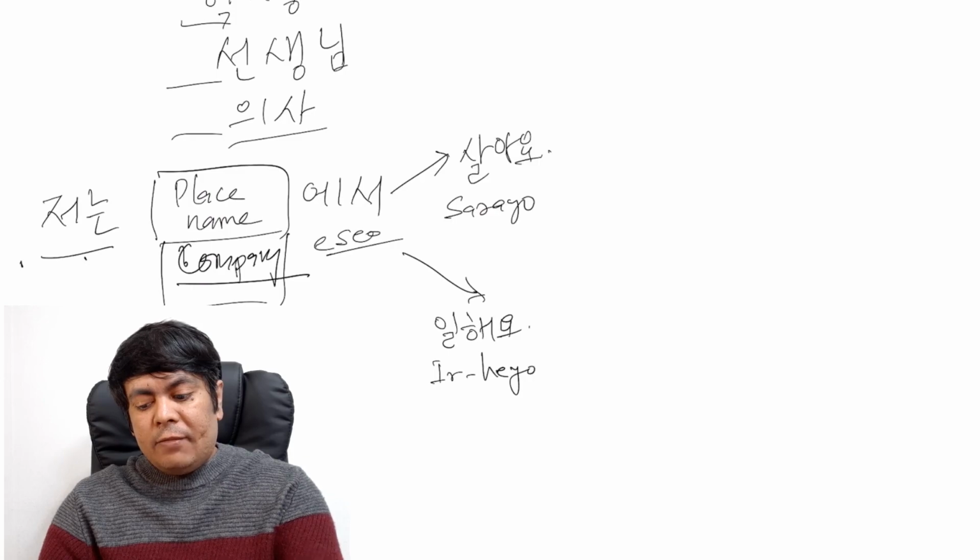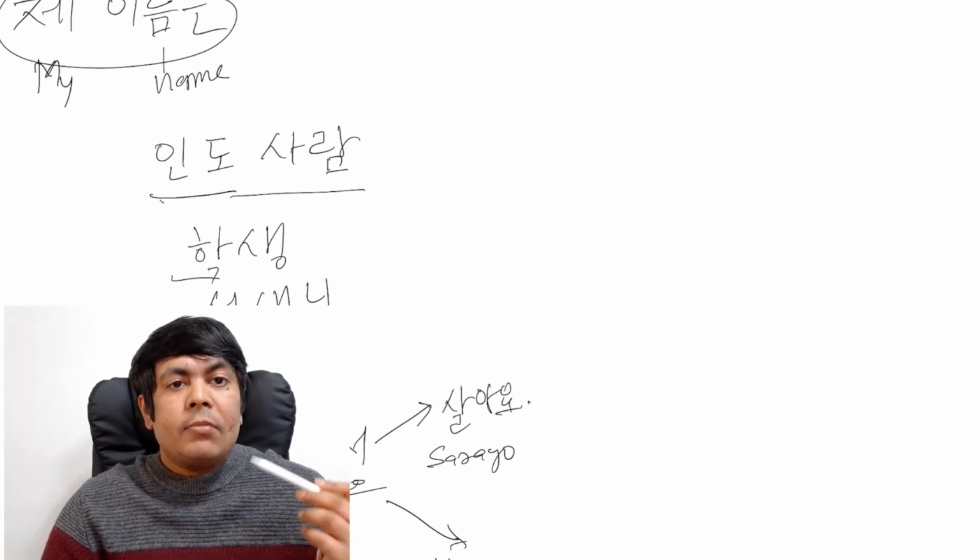So far we have learned 안녕하세요. 저는 서티시예요. 저는 인도 사람이에요. 저는 학생이에요. 저는 델리에서 살아요. And I work at TOPIK guide: 저는 TOPIK guide에서 일해요.